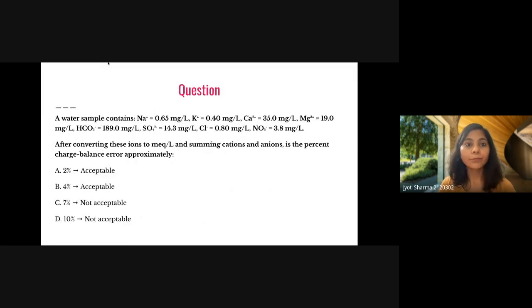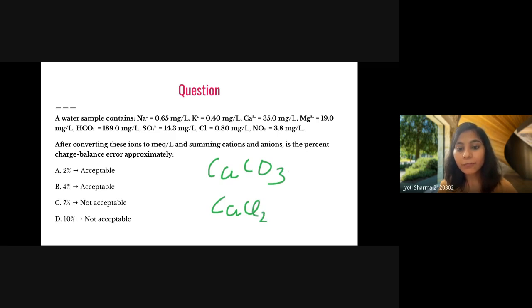Anyway, this is okay. So if we have calcium carbonate, right, or let's say calcium chloride, and we are breaking it down, this will be Ca2+, and this will be CO3 2-, and this will be Ca2+, and because here we have two chlorides, this will be 2 chloride, and chloride has the charge minus 1.